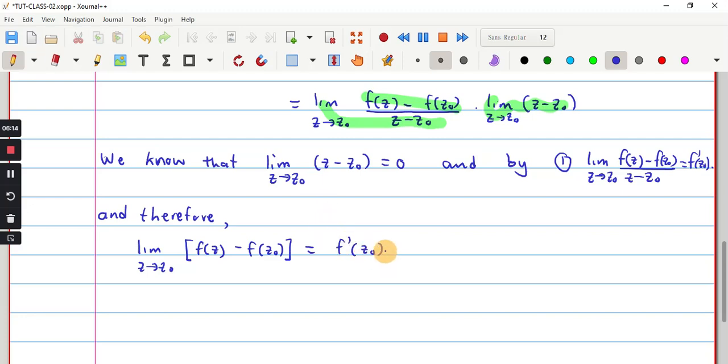So it will be f prime z0 multiplied by 0, and the whole thing will become 0.